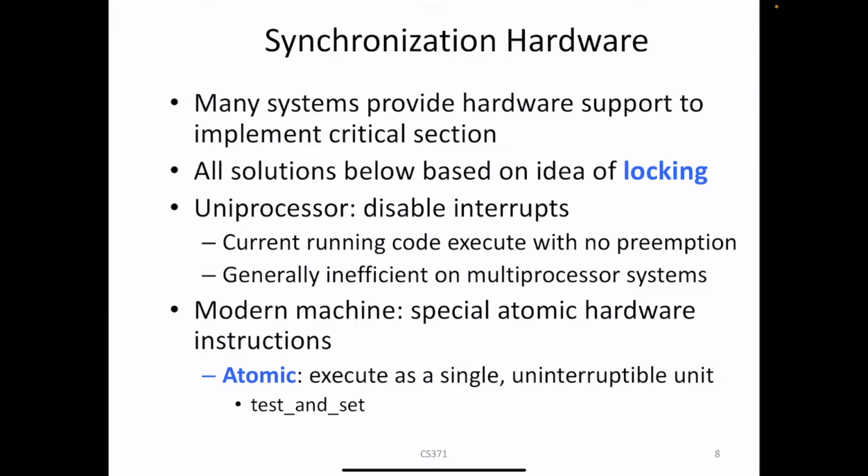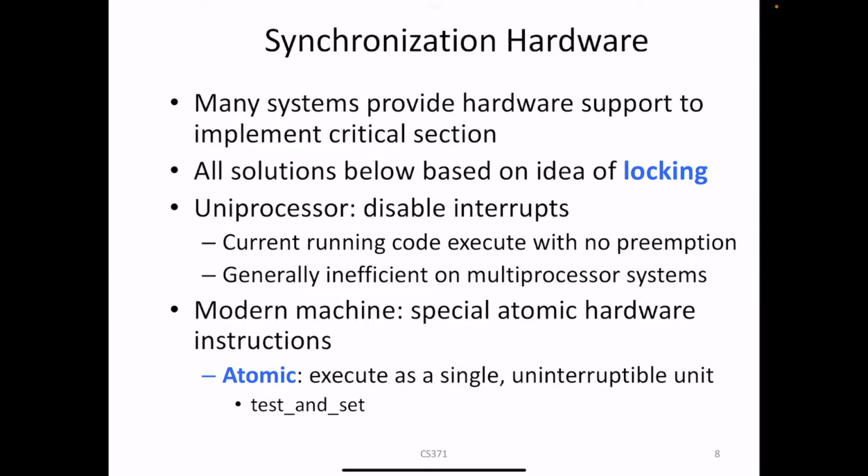An atomic instruction may take several steps to execute, but those steps have to be run in whole or not be run. You cannot run part of those steps, then run other instructions. That is not allowed. So either all or none. It can never be stopped in the middle of execution. That is why we call it an uninterruptible unit.